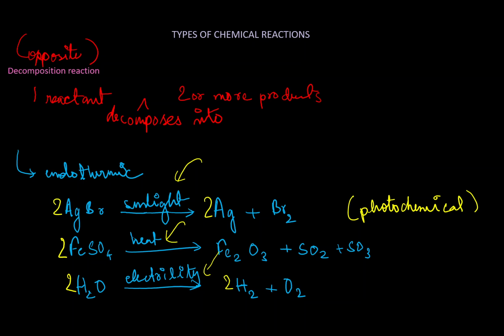Photo basically means sunlight, so that's why it's called photochemical. Heat is known as thermal. So thermal decomposition, photochemical decomposition, with decomposition at the back. And then there is electricity. The electricity one is called electrolytic.